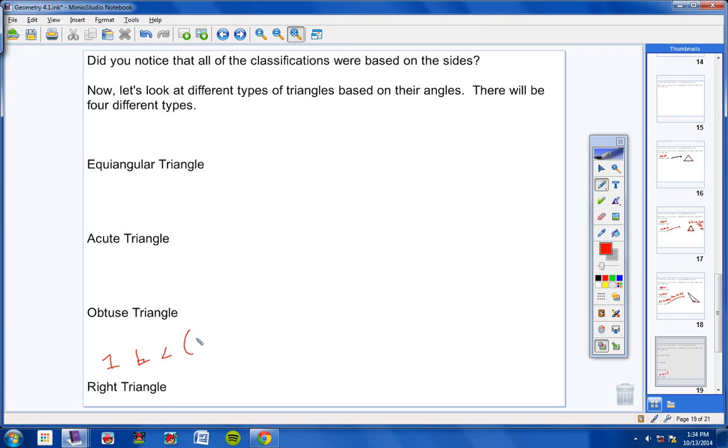Of course, a right angle is 90 degrees. Okay, so in your notes, out of all 4 of these, this is probably the most common one you guys are very familiar with, the right triangle, okay? There's a right triangle. Here's my right angle symbol right here. There we go. So this is 90 degrees. So this is a right triangle, okay? Because I have 1 90-degree angle.